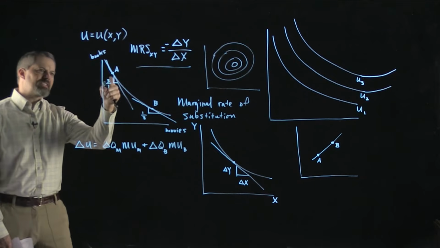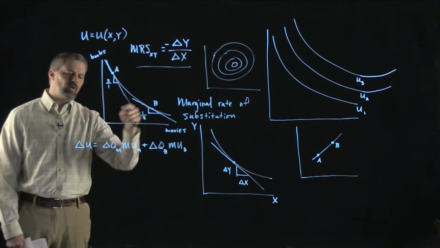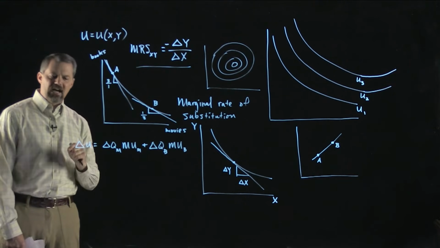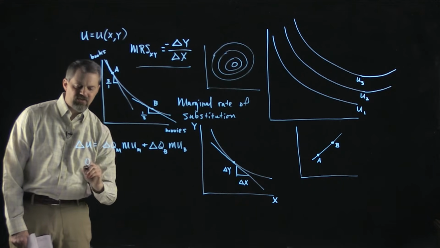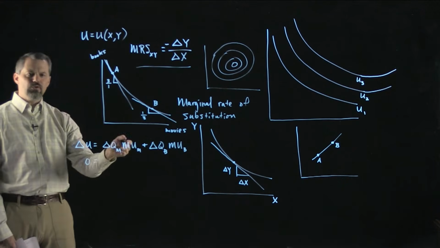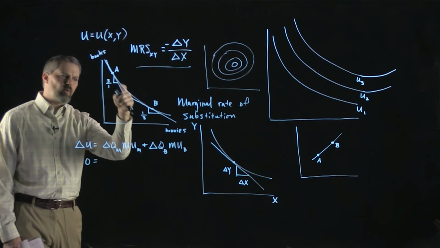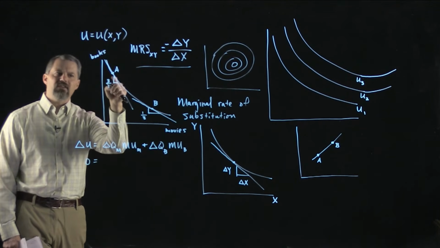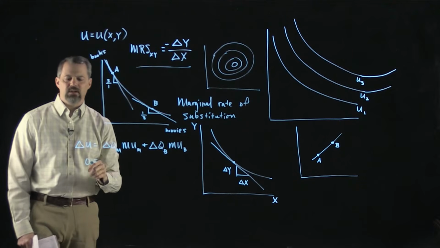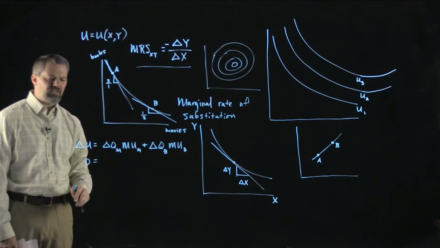Now, if we consider moving from point A to point B, utility will not change. So I can make this a 0, and then we can use this to get something useful. If we think about moving from point A to point B, because they are indifferent between A and B, the change in utility will be 0.